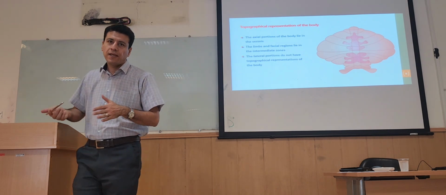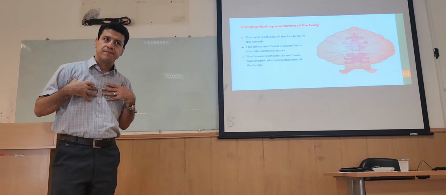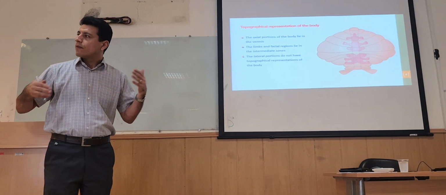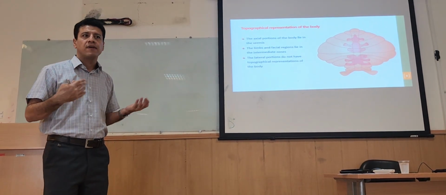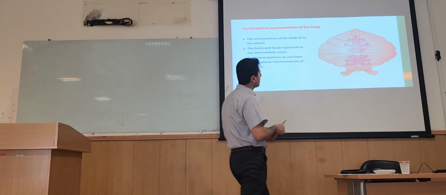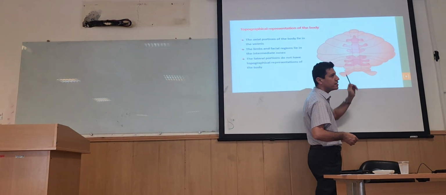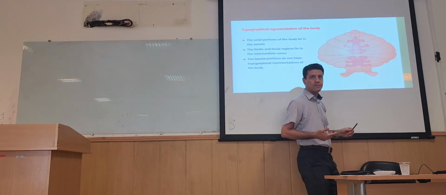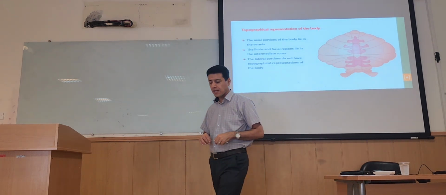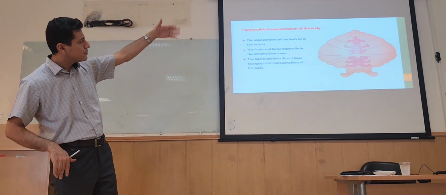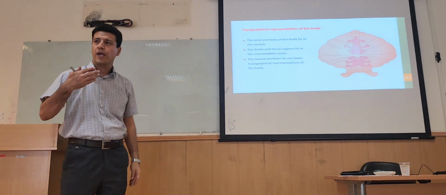Similar to the motor cortex, where we have a map of the body inside the motor cortex, also in the cerebellum we have a map of the body. So you can see that the map is located in the vermis and intermediate zone. We don't have any map of the body in the lateral zone. Right? And we have two maps, superior and posterior. Okay.